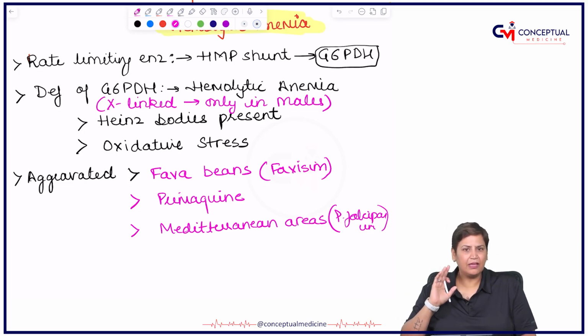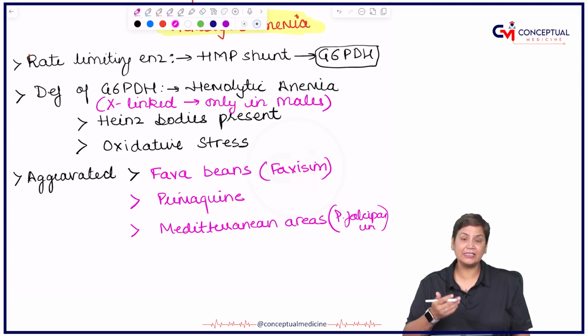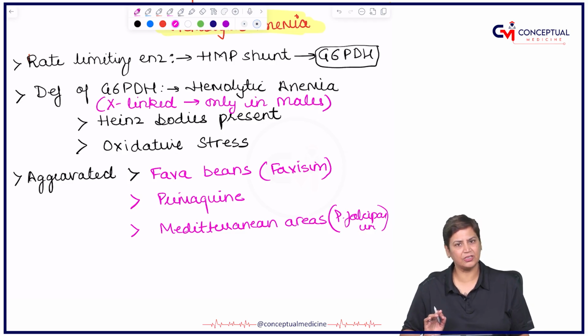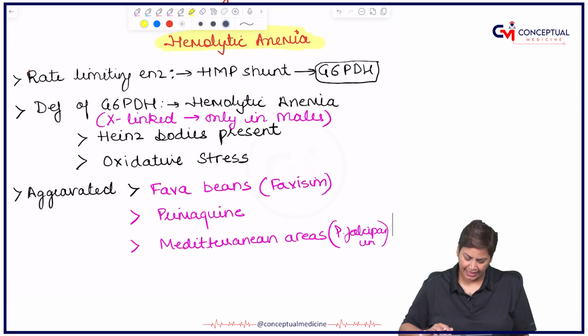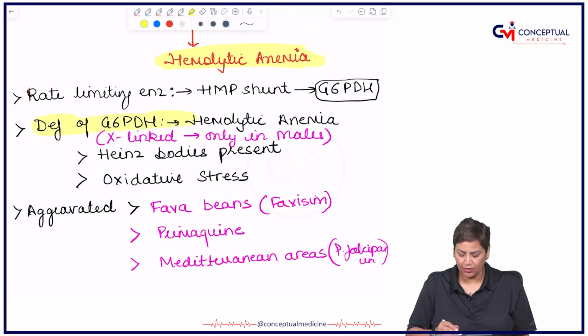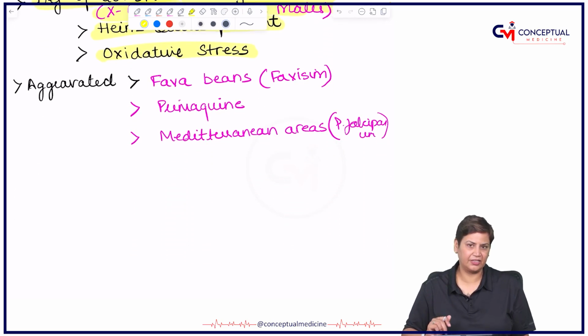But here, if you take the blood smear, there will be presence of Heinz bodies, 120% sure, because here it is affecting the entire sequence of the reactions. So this is the most important point which I will highlight: deficiency of G6-PDH leading to hemolytic anemia, X-linked, Heinz bodies present mainly due to oxidative stress, and these are the factors which are increasing that.